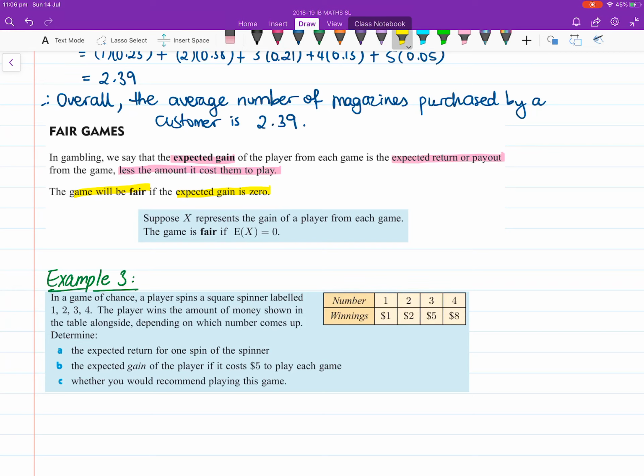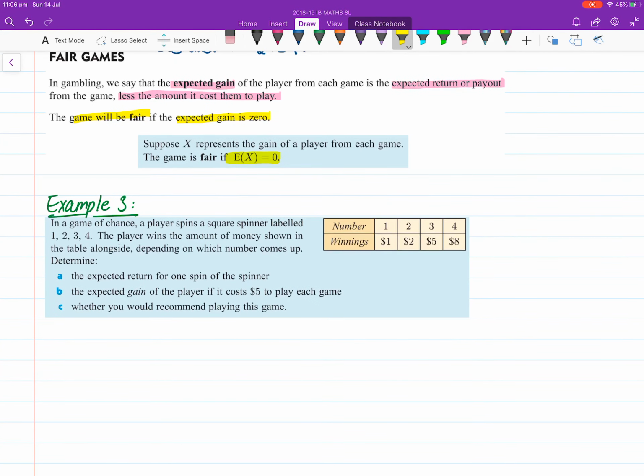So let's say you put in $5 to play, but then you get back $5. That means the game is fair. You haven't made or lost anything. So we would say your expectation for your random variable is 0. Okay, so let's do this example.